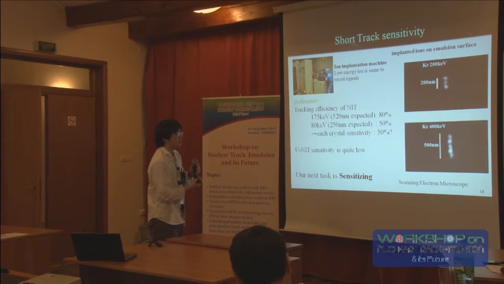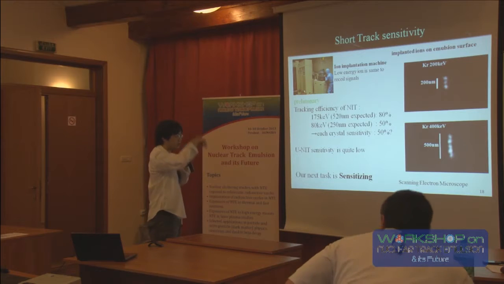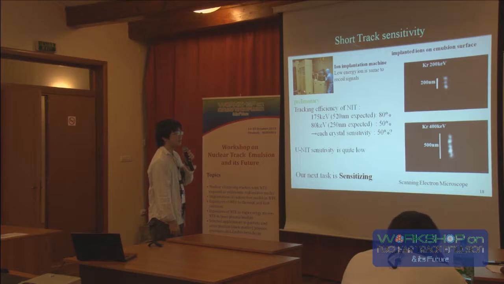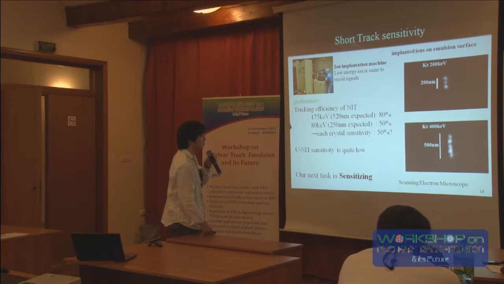So we can observe the signals only on the surface. Scanning electron microscope, electron reflection. Also, as I know, when you work with an electron microscope you should have high density tracks, because it is very difficult to search in a large field of view. What about this one? How many tracks per square? Tracks?